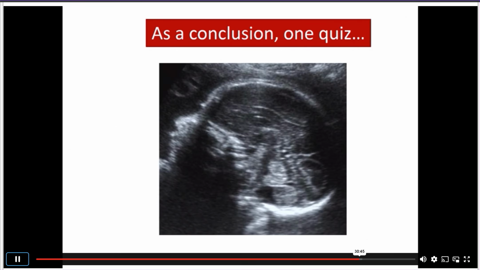So as a conclusion, one quiz is still abnormal echogenicity of the posterior fossa. You see, you have a complete vermis here, but you have a round wheel here, echogenic. Is it a large clot in the posterior fossa? Maybe, but it was very stable over time.